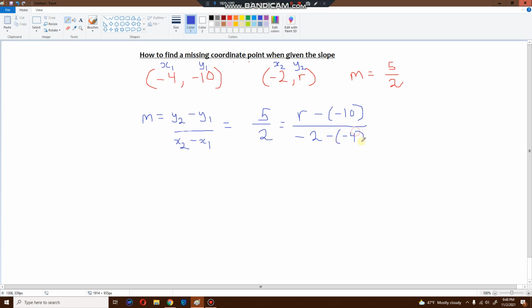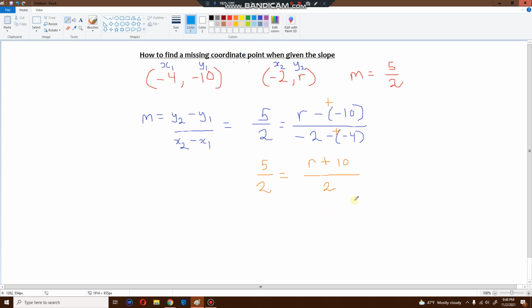You see that? And now let's just do some math. 5/2 stays the same. r minus -10 means r plus 10, so it'll become r plus 10. Minus and minus becomes positive. And this is -2 minus -4. Minus becomes positive. And -2 plus 4 is just good old regular 2. You see that? Straightforward stuff here.